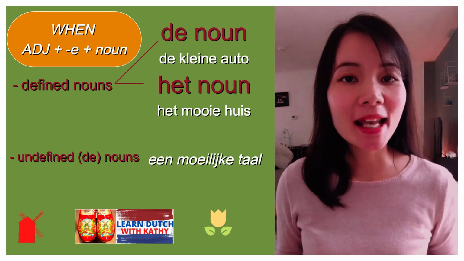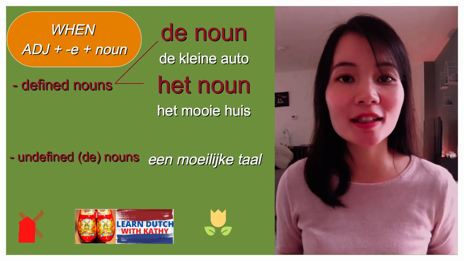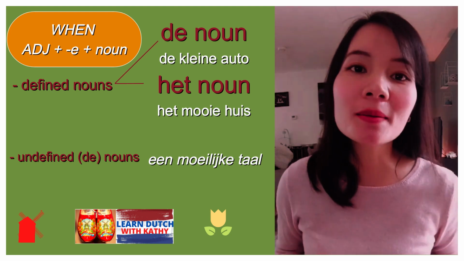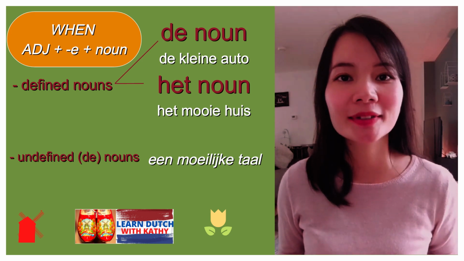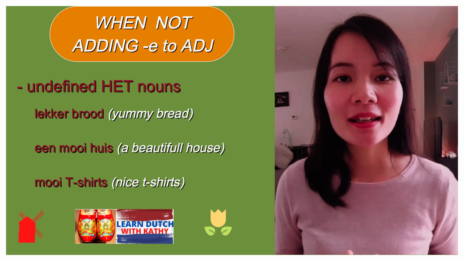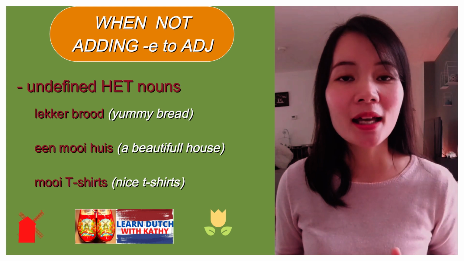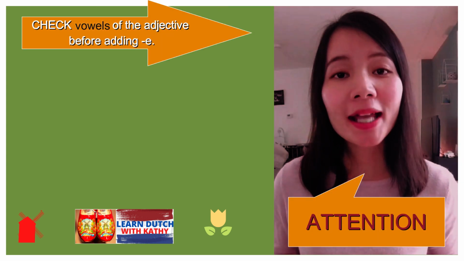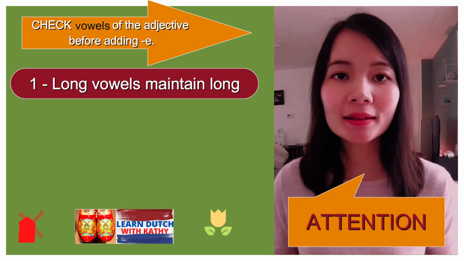And if the noun in a sentence is undefined, and originally that is a de noun, we also simply add an e at the end of the adjective in front of the noun. Only one case that we don't add anything to the adjective is the undefined noun, and originally that is a het noun. When we add an e at the end of the adjective, it is important to check the vowels of the adjective.